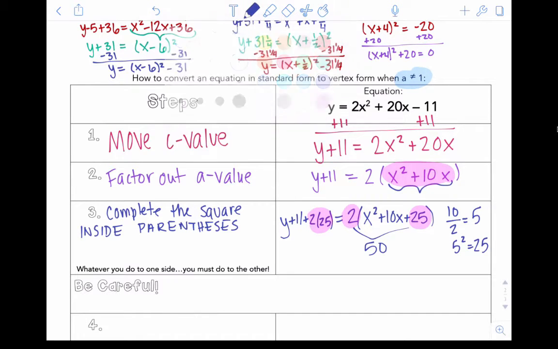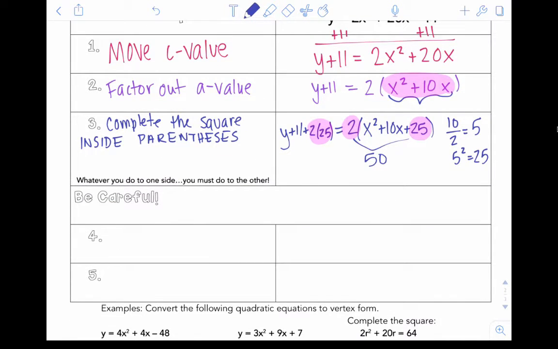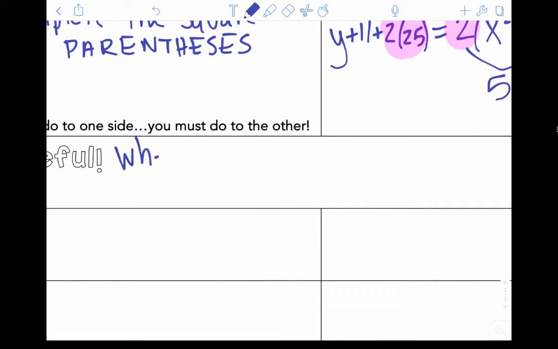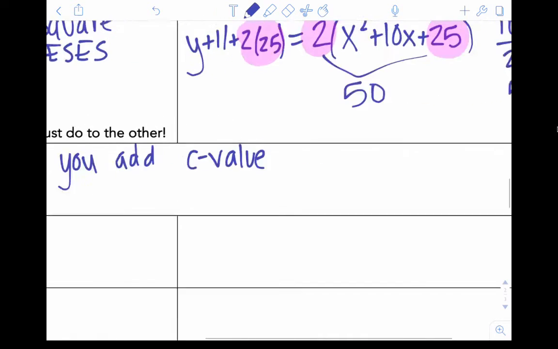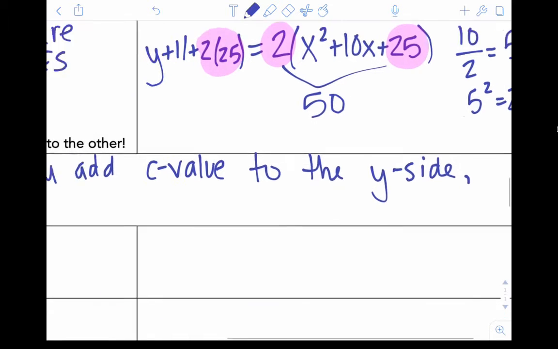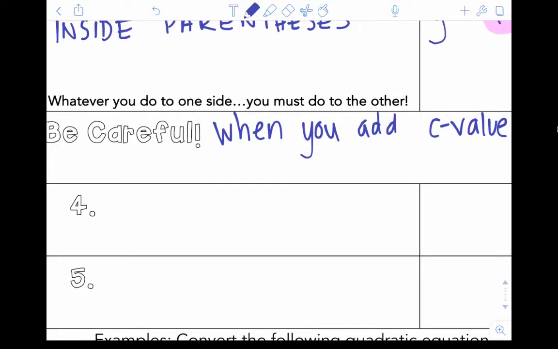So down here, make a little note to yourself to be careful. When you add the c value to the y side, make sure to multiply it by the factor.